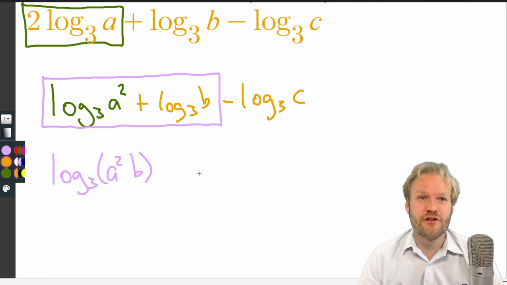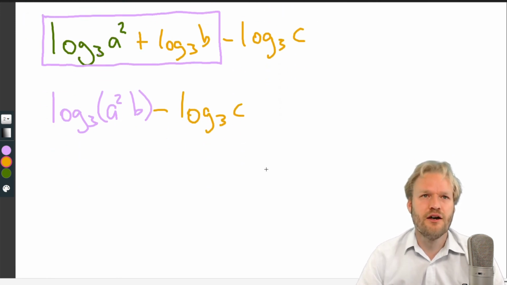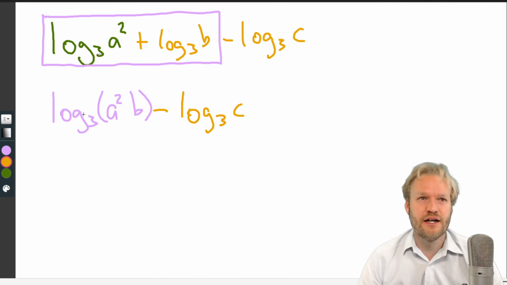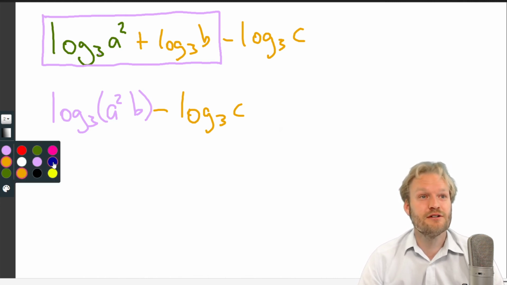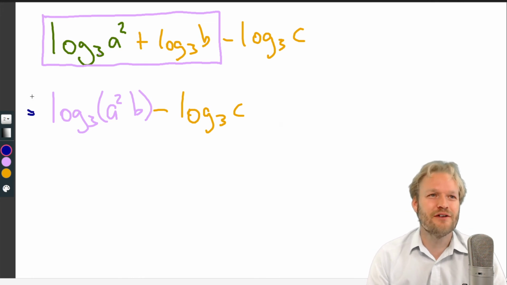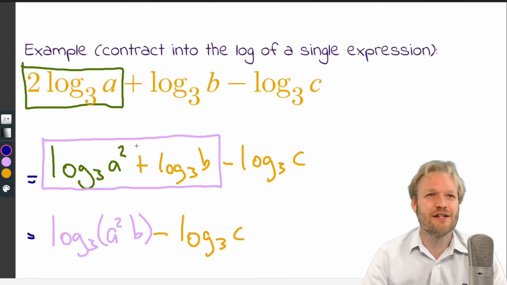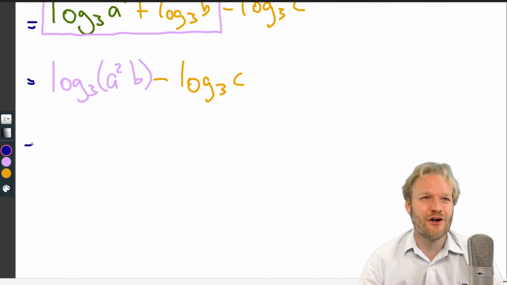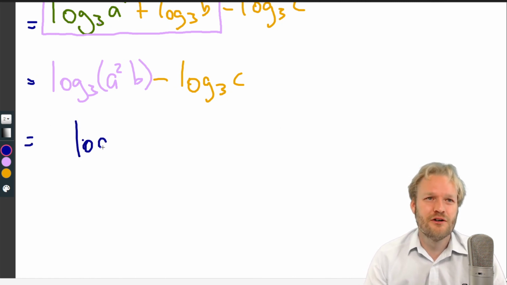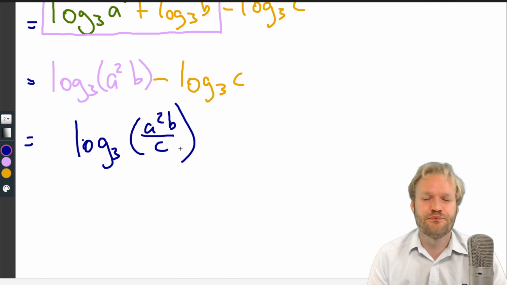And then we've still got the rest here, which is log base 3 of c. Okay, bases are the same, and we're subtracting 2 logs. So our final bit, I guess we could have had equals here. These things are all equal. And we can go equals log, base stays the same. We're subtracting 2 logs. So that's the same as dividing a squared b over c.